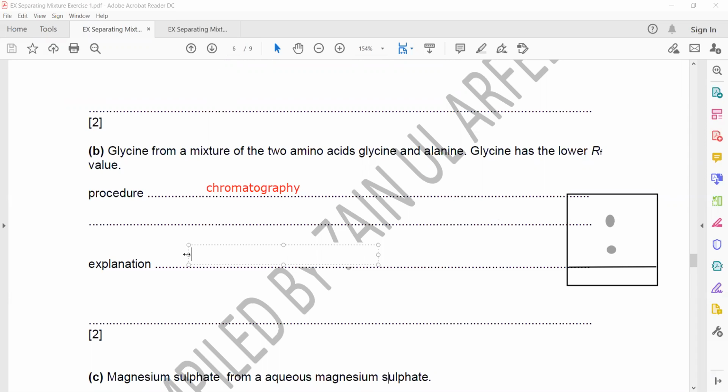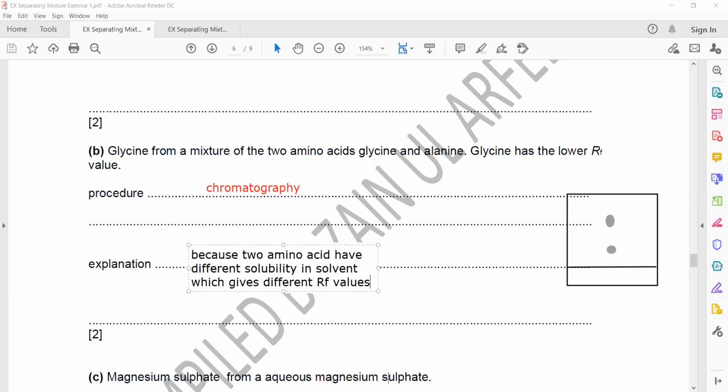So why will this technique work? Because the two amino acids have different solubility in the solvent, which gives different RF values.